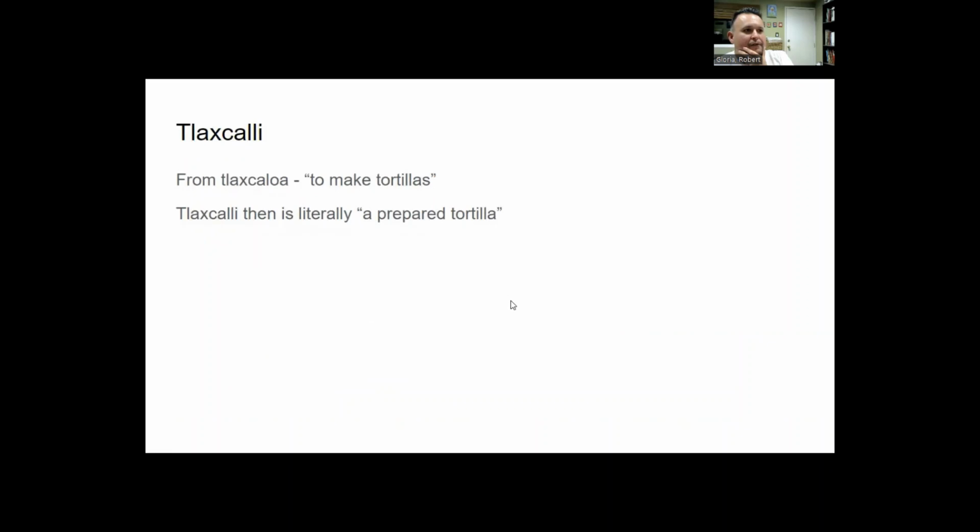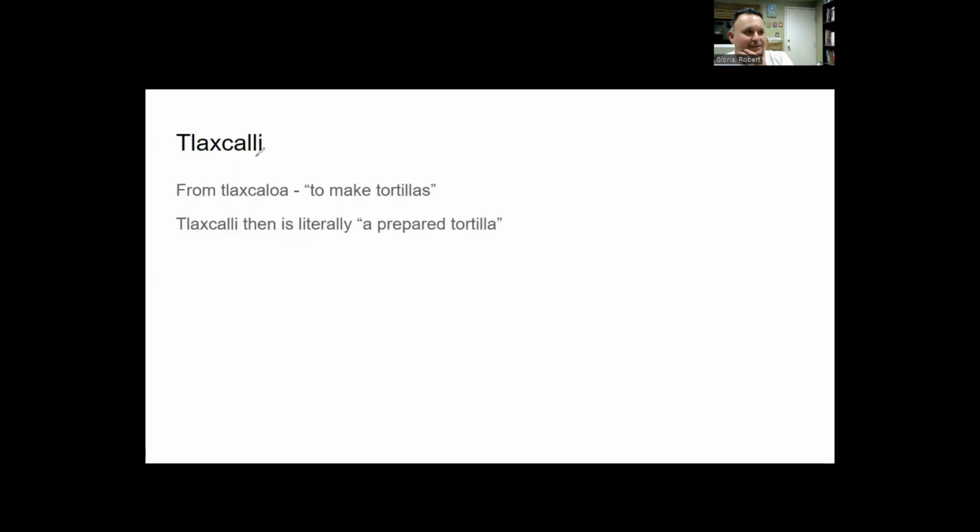The next one is another food related one. This is tlaxcali. Tlaxcali is tortilla. So, but there's an ally there, right? So I said, okay, well, let's see what this comes from. It comes from the verb tlaxcaloa, which means to make tortillas. Okay, this is a very common verb, as you might imagine, in Nahuatl speaking communities today, because making tortillas is still a prominent practice.